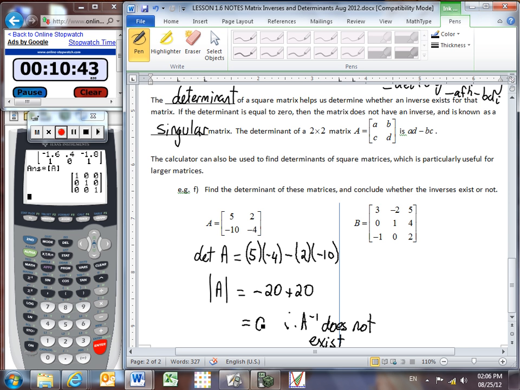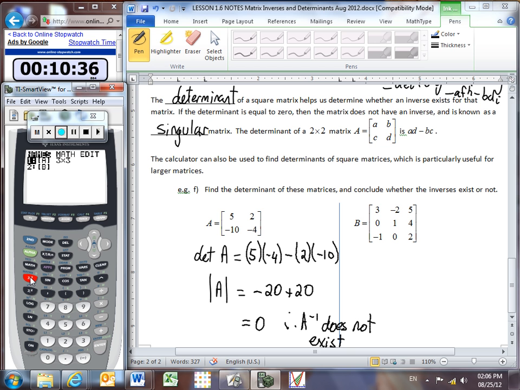Let's do part B with a calculator. I'm going to have to enter a brand new matrix. So I'll go into the matrix feature.